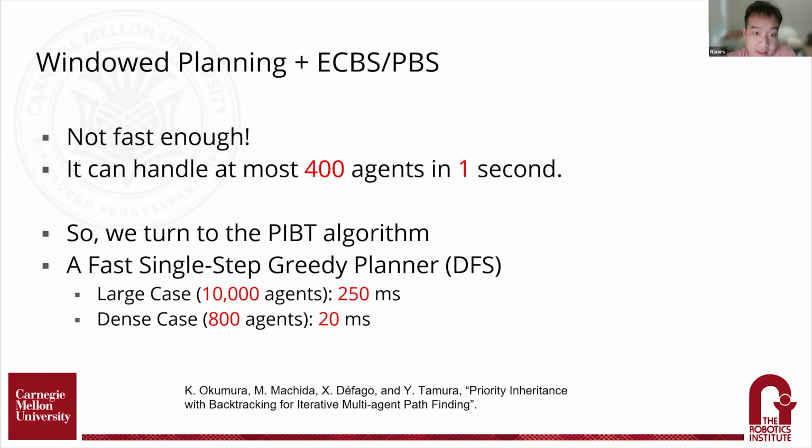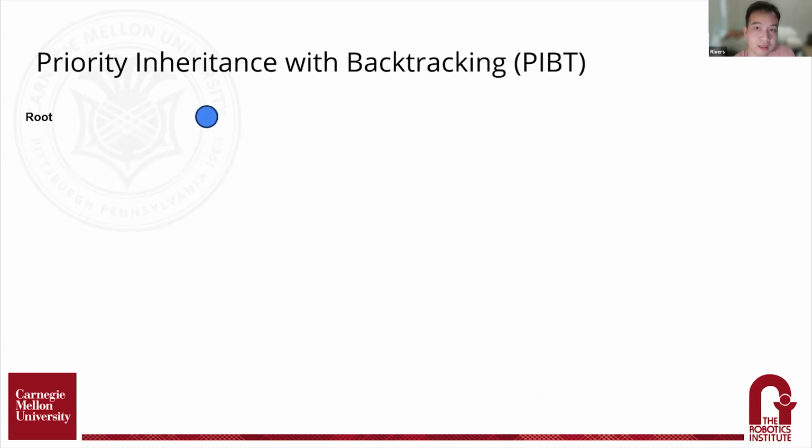For the case with 10,000 agents, it could return a valid solution within 250 milliseconds. PIBT is an abbreviation for priority inheritance with backtracking, developed by Dr. Okumura. I will briefly introduce this algorithm.